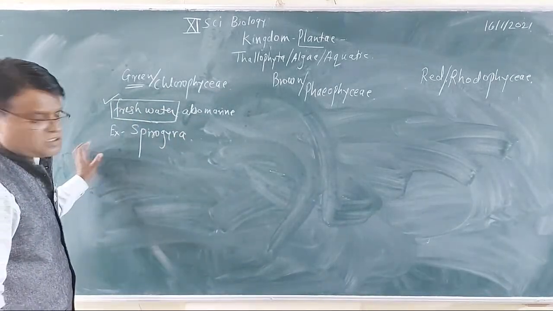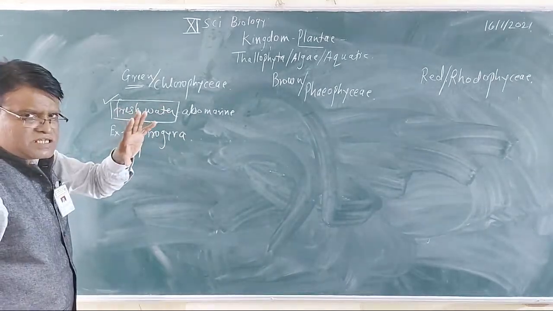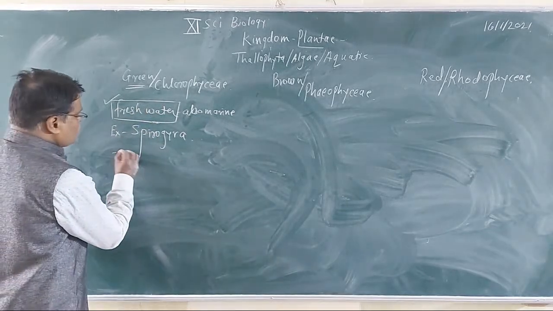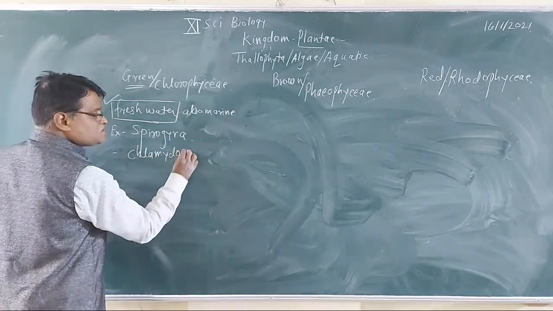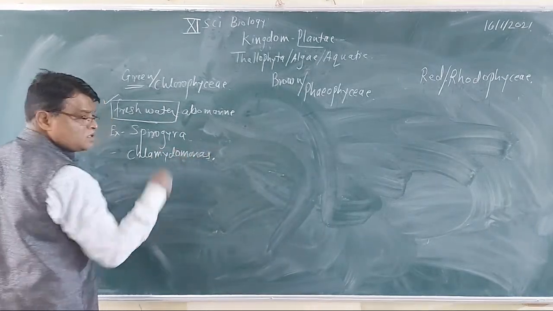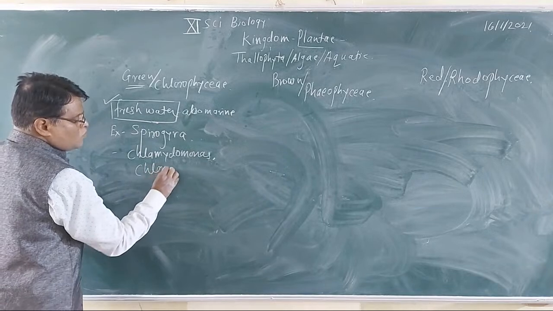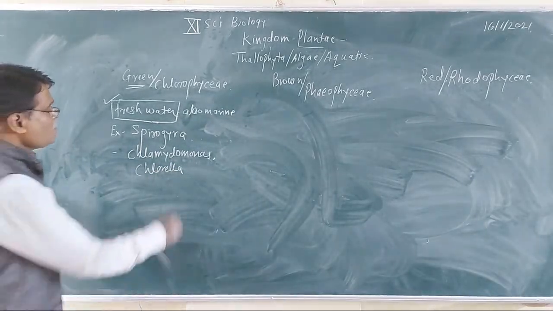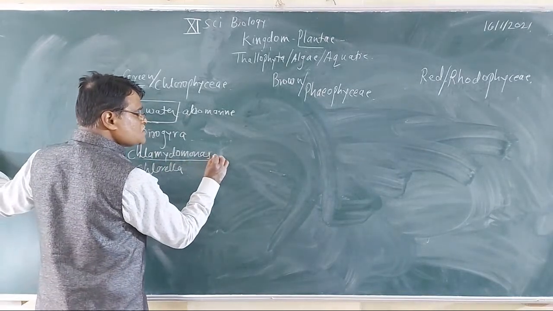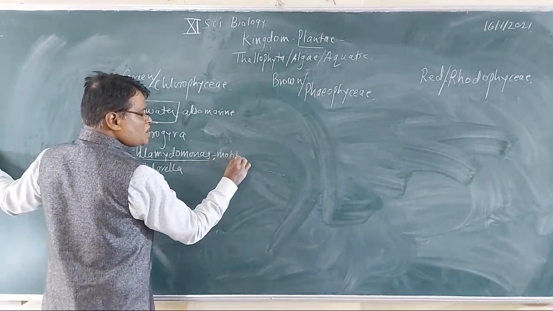Spirogyra, isn't it? Too many examples are there: Spirogyra, Chlamydomonas, or Chlorella. Chlamydomonas is a motile one.